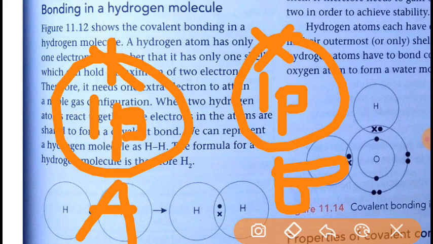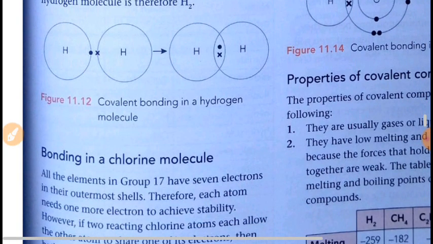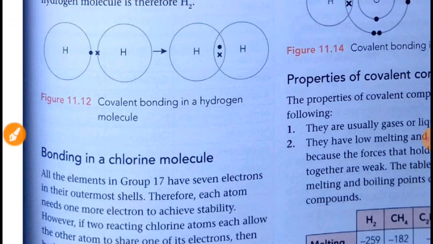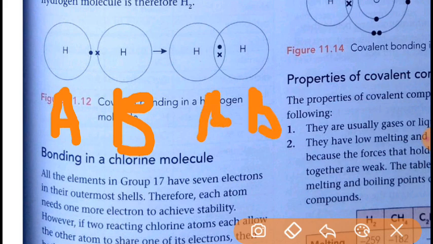So let us take a look at the diagram on my left side of hydrogen. You can see the first hydrogen, which is my A. It has one electron represented by a dot. Then the second hydrogen B has one electron represented by a star. Then there's an arrow showing us that A and B have joined together through the sharing of electrons.